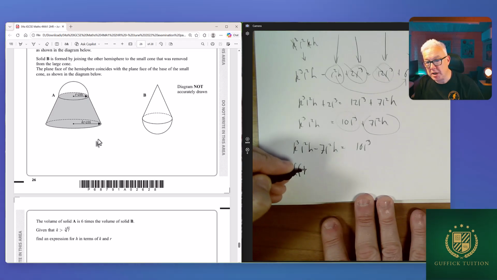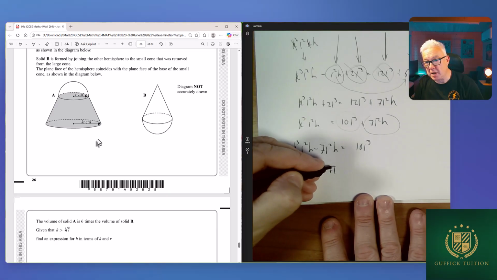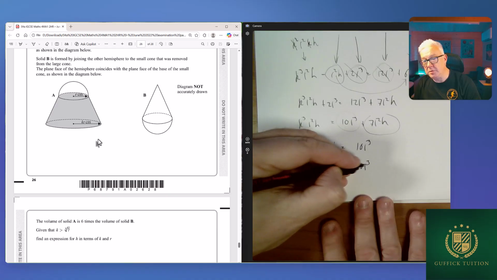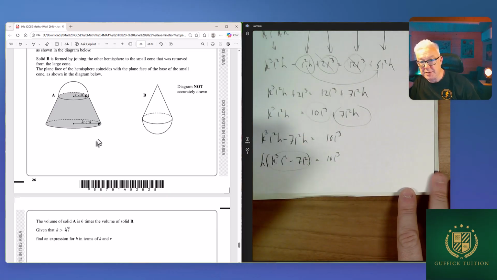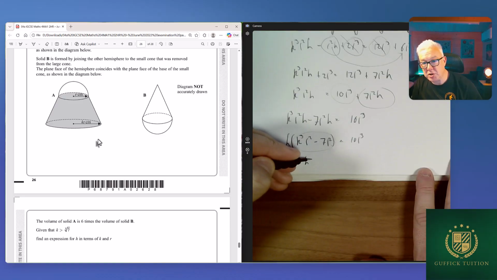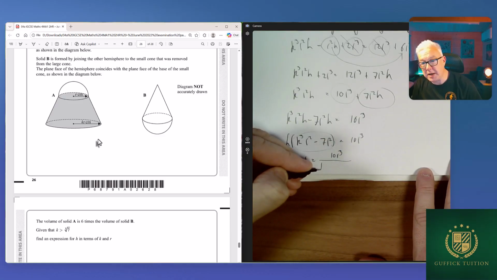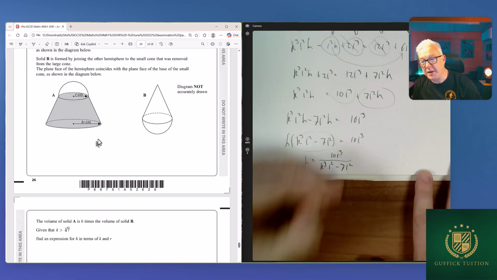So h times (k³r² minus 7r²) equals 10r³. And then finally, I'm going to divide by this bracket here. So that's going to give me that h is equal to 10r³ divided by k³r² minus 7r².